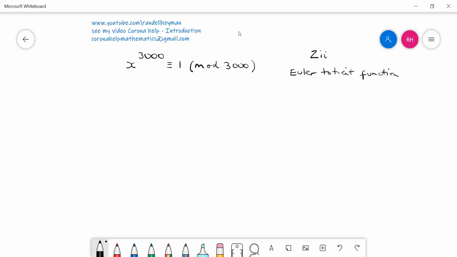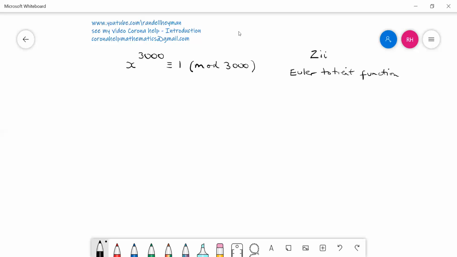We're starting with this as a given, and it works for any x. If you're not comfortable with modular arithmetic, I do have a video, modular arithmetic made easy, but if you're going to follow this, I gather you probably understand it. Okay, so this is a given.